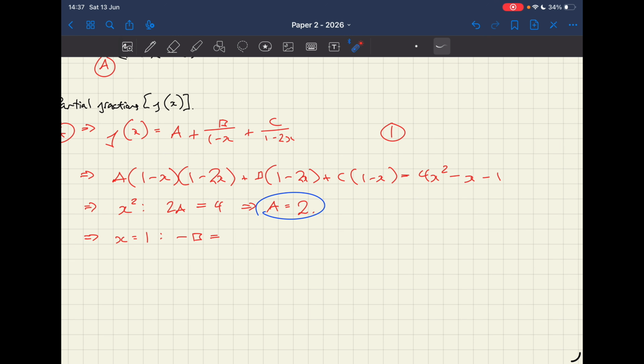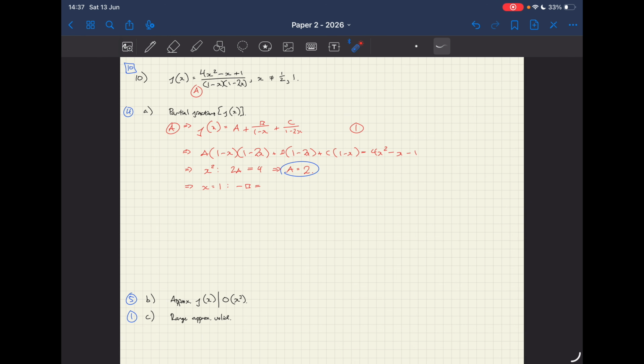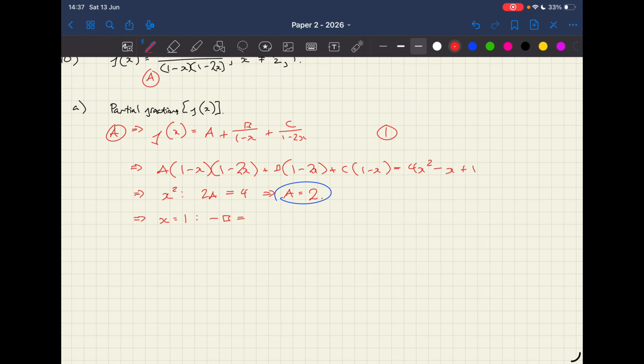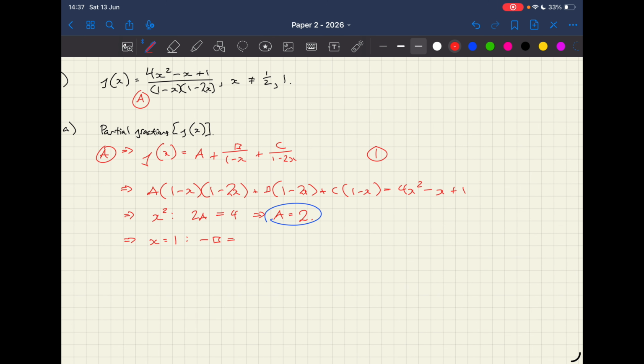No, why does that not work? What's gone wrong here? Ah, okay. Sorry, plus 1 over there. That looks good. And from here then, what goes on? Yeah, so we're going to have 4 minus 1 plus 1 is 4. So B is minus 4.